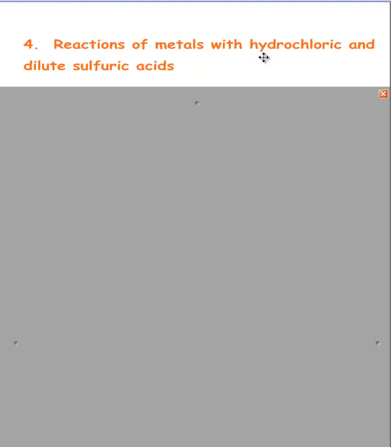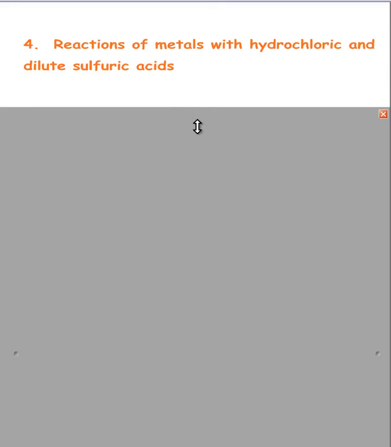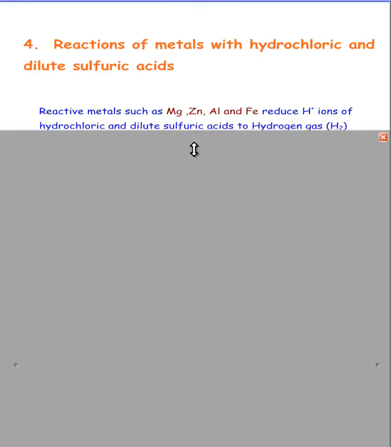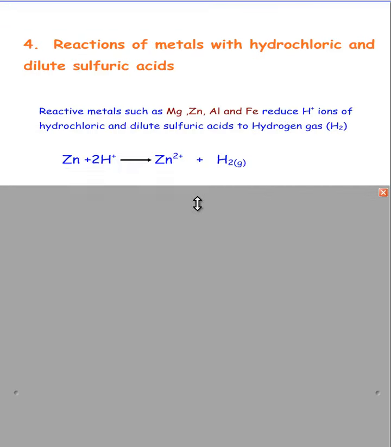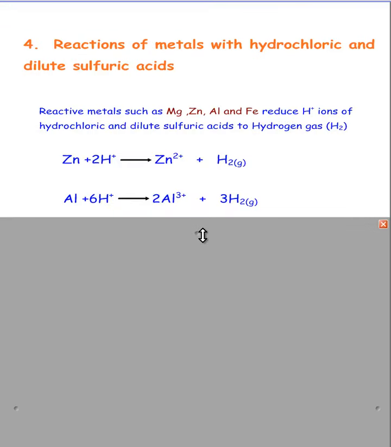Reactions of metals with hydrochloric acid and dilute sulfuric acid are also examples of redox reactions. Here they are. The zinc loses 2 electrons to become a zinc ion, and the 2 electrons are taken up by the hydrogen ion in the reduction process, and it becomes hydrogen.